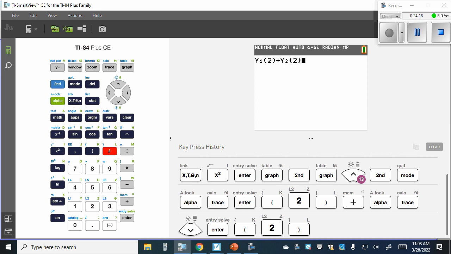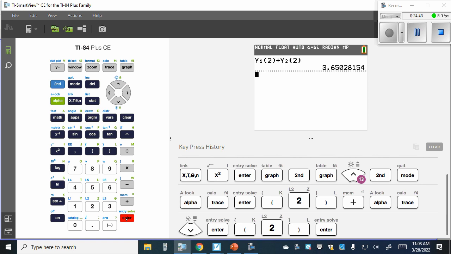That's what we do next. Enter. And it gives us the value. So for this one here, we don't have nice values like we've had on the previous ones, but f of 2 plus g of 2, or f plus g of 2, is 3.65028154. And that's our value.